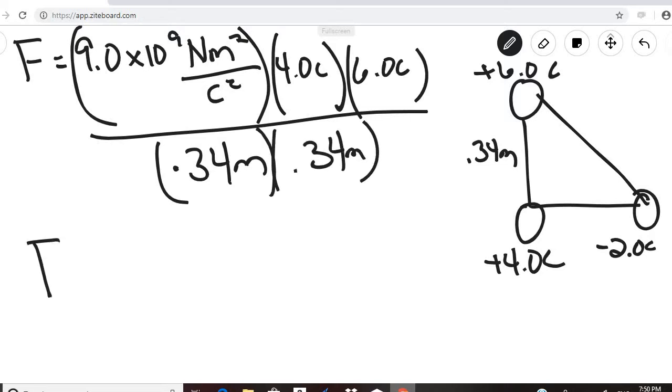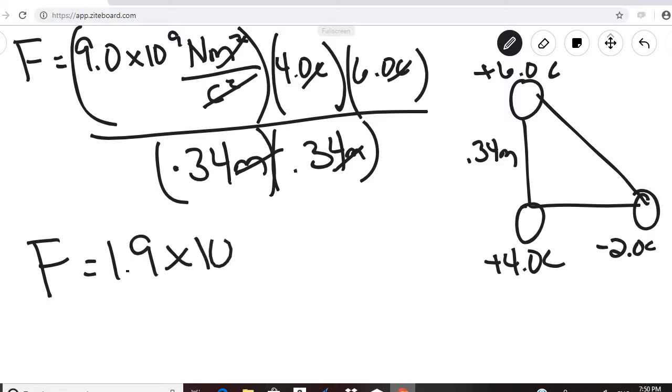So F, getting rid of all the units except the newton, F will be equal to 1.9 times 10 to the 12 newtons. Okay, and as we said, that's repulsive. So this charge will push this charge away.